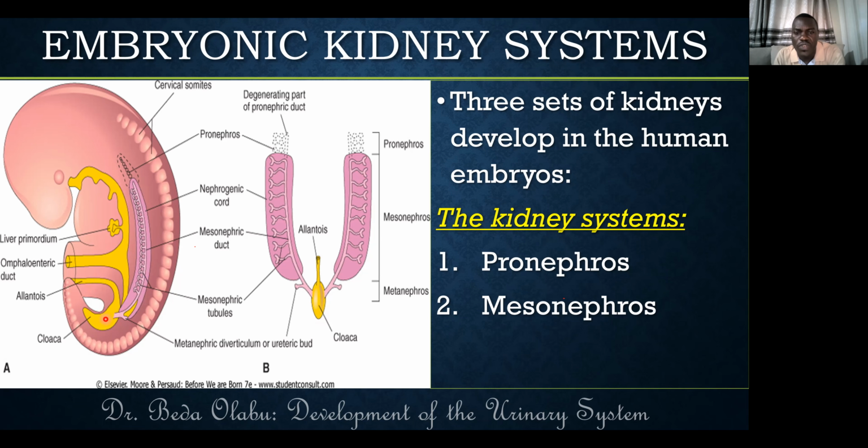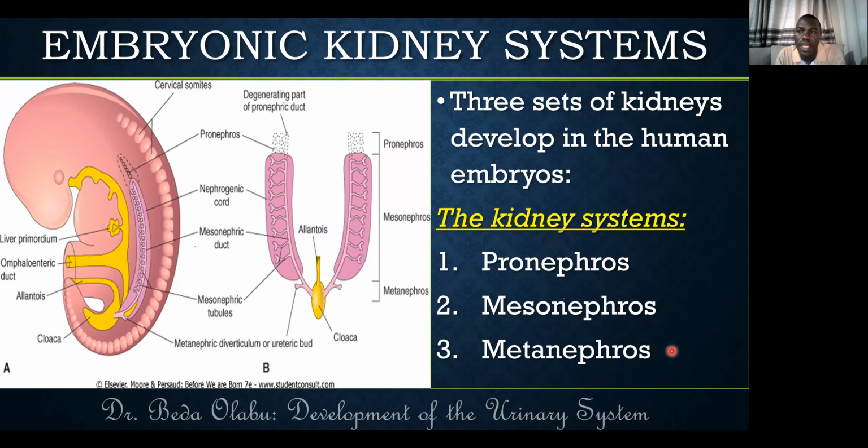Even though the mesonephros are functional, they also disappear. By the time we are in the 9th week of development, we do not have the mesonephros. Instead, we have the third kidney system, which we call the metanephros. The metanephros appear in the pelvis.